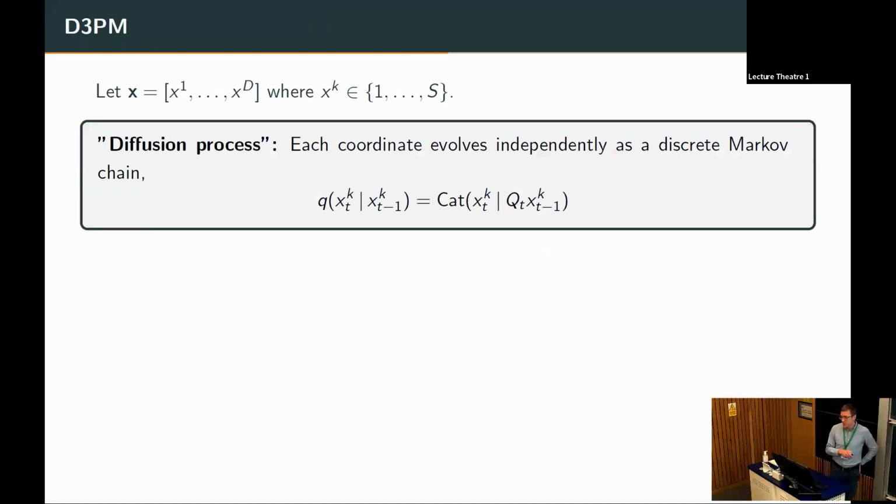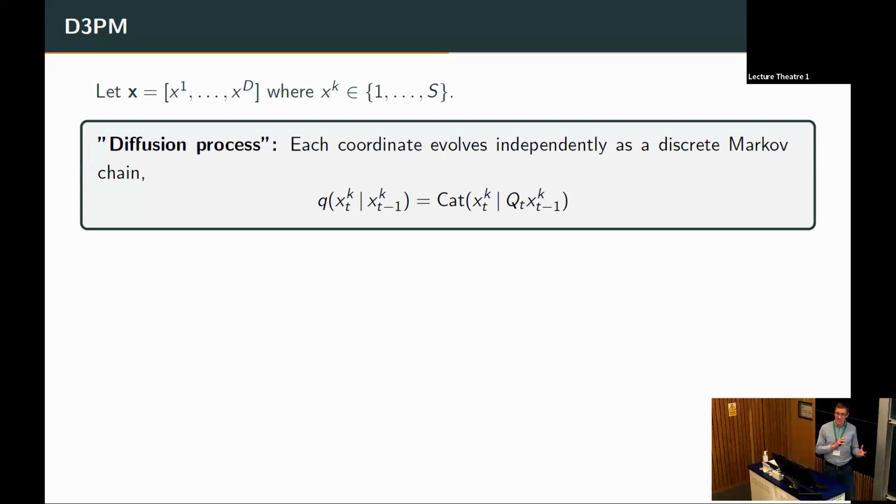So for this, we will now assume that we have our variable of interest X that we want to generate. It's still a vector with components, but each component is a discrete variable. For simplicity, I will just assume that they all have S possible values. There are many different ways in which we can construct generative models for such data.